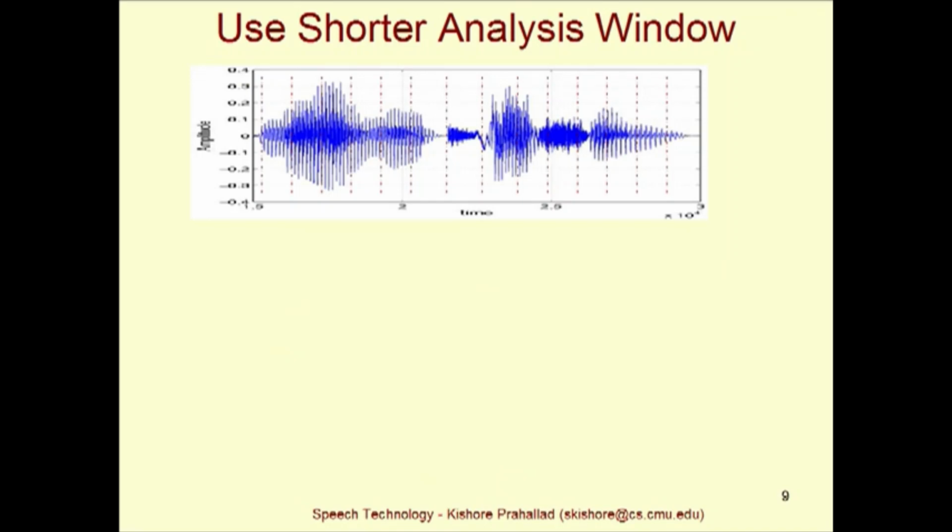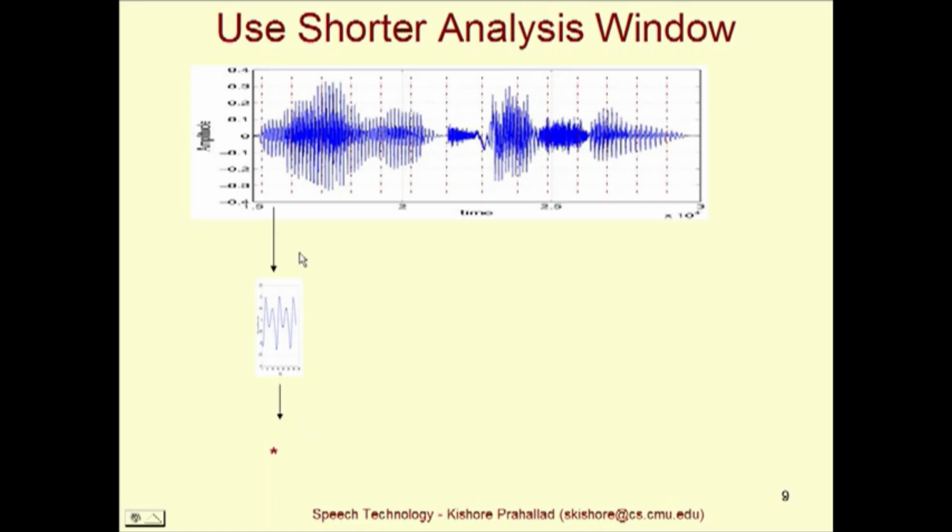So how to use this short analysis window? This is a short analysis window here, and what I'm showing here is a zoomed version of this signal. We take this short signal and plug it into our energy equation, and get an energy value here.